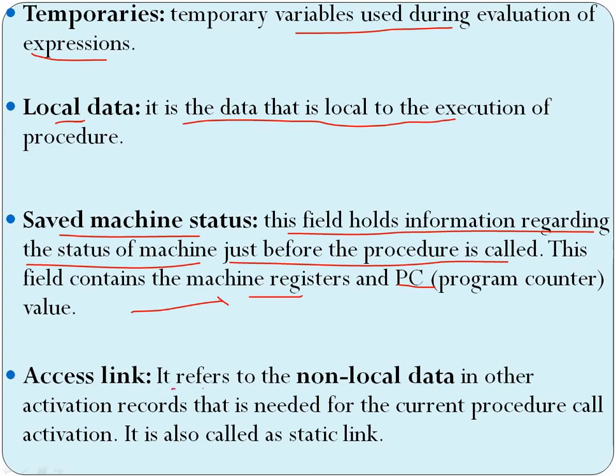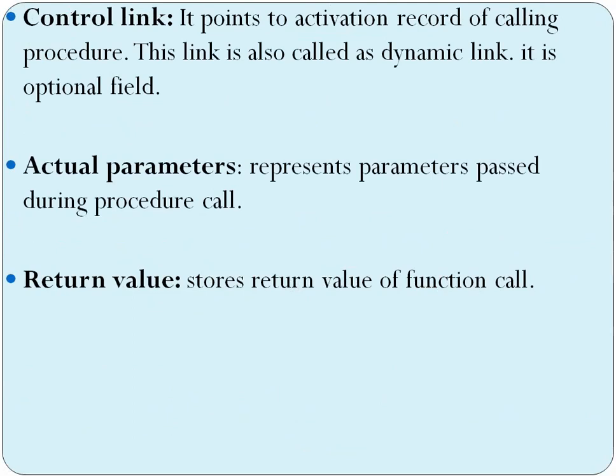Next, the access link refers to non-local data that can be accessed by the present function. It refers to global data in other activation records that is needed for the current procedure call execution. It is also called the static link. Next, the control link points to the activation record of the calling procedure. Suppose the main function calls the add function. In this case, main is the caller function and add is the called function.